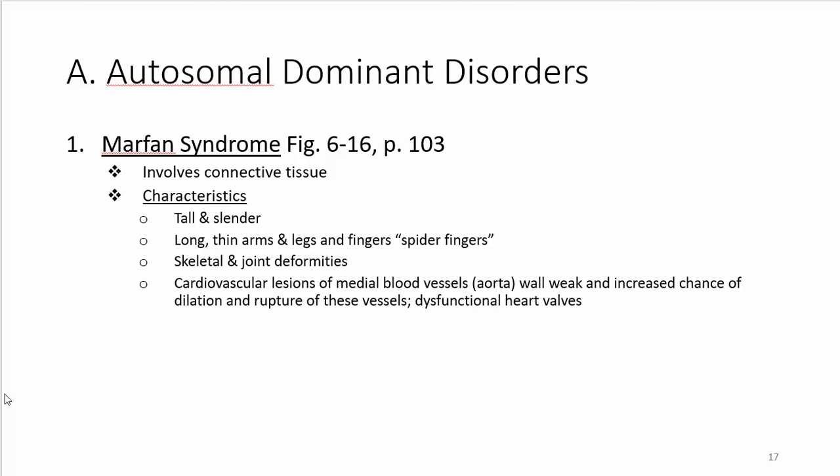It becomes most noticeable in the osteoid, or the bones. So the long bones are extra long. These people are tall and slender. They have spidery fingers, and they tend to have problems in the epiphyses. So they have deformities at the joints.